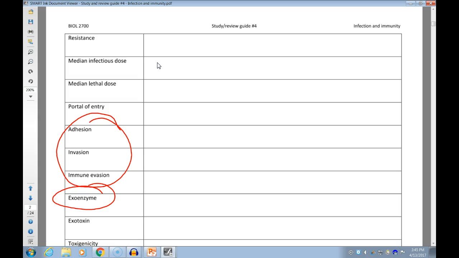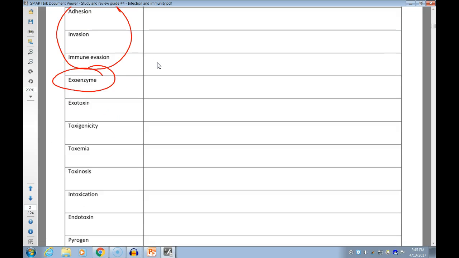Exotoxin. Understand the difference between exotoxin and endotoxin. Which one works in small amounts, which one works in large amounts, which one can lead to antibody formation, which one cannot, and so on and so forth. Do you see the difference?